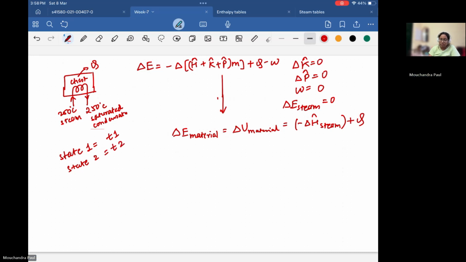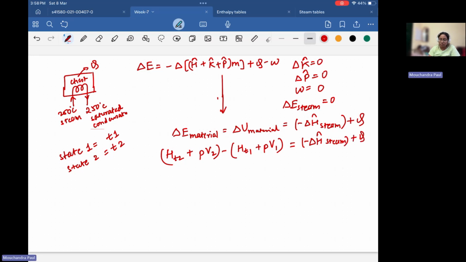So HT2 plus PV2 minus HT1 plus PV1. This is the change in enthalpy. The right hand side remains unchanged.